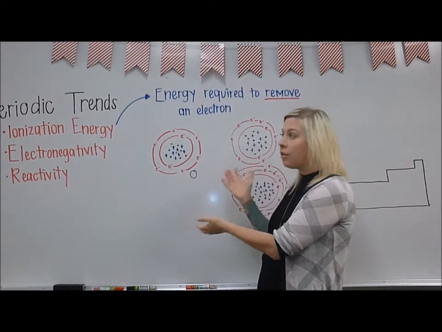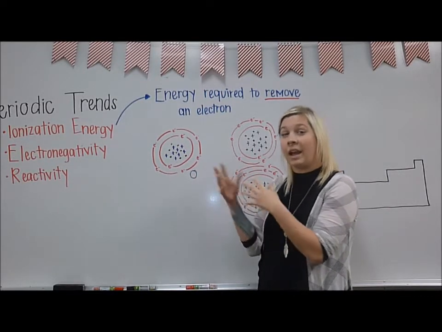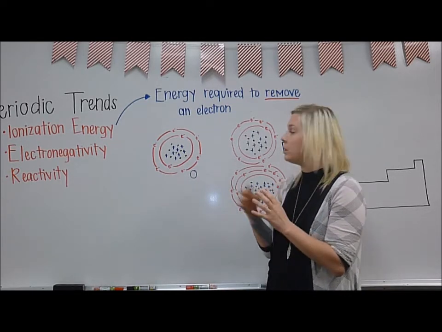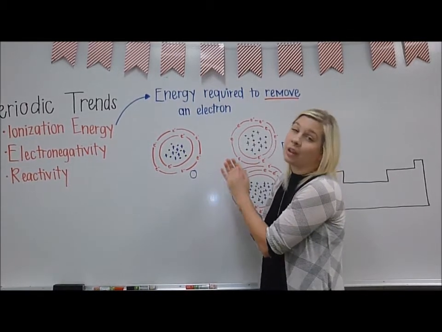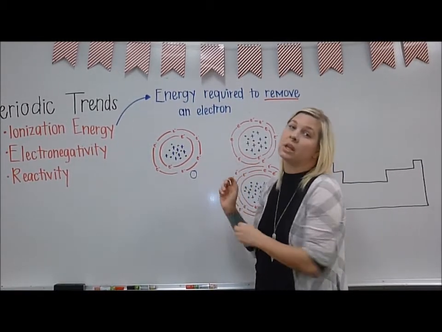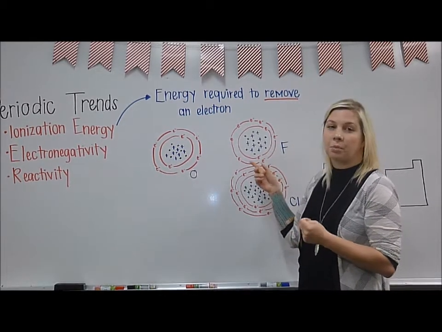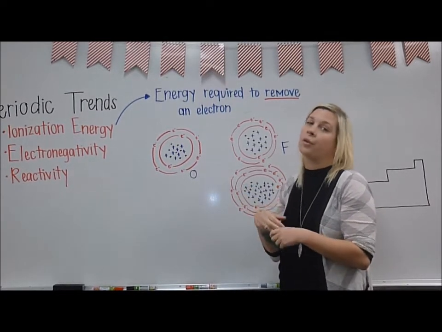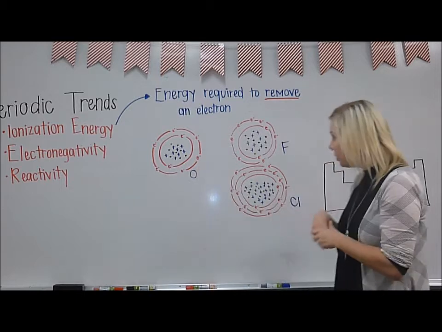Now, neither of these actually wants to lose an electron because they are anions and they want to gain electrons, which we learned a couple of class periods ago. So both of these are really high energies compared to, say, the cations on the other side of the periodic table. But because fluorine has more protons than oxygen, it will have a greater pull, therefore a greater ionization energy to pluck that electron off.